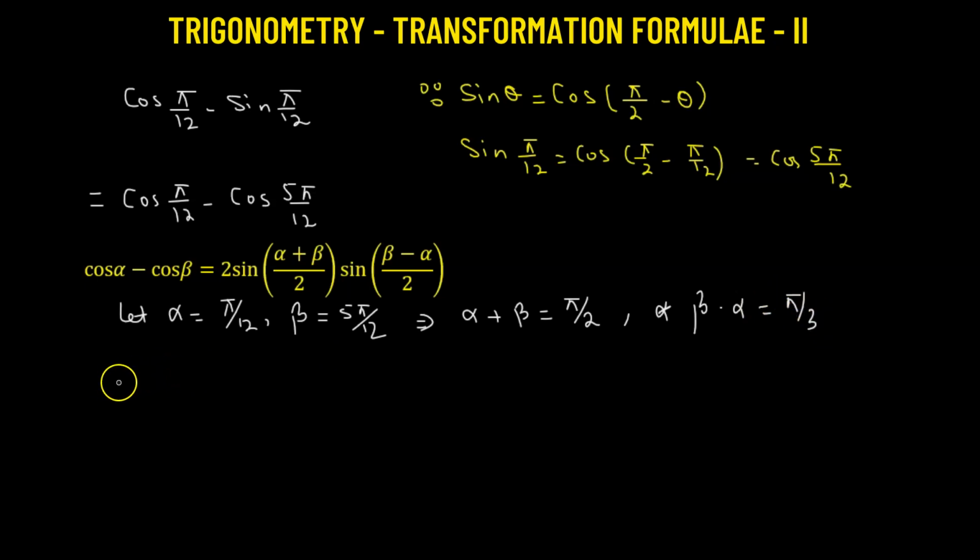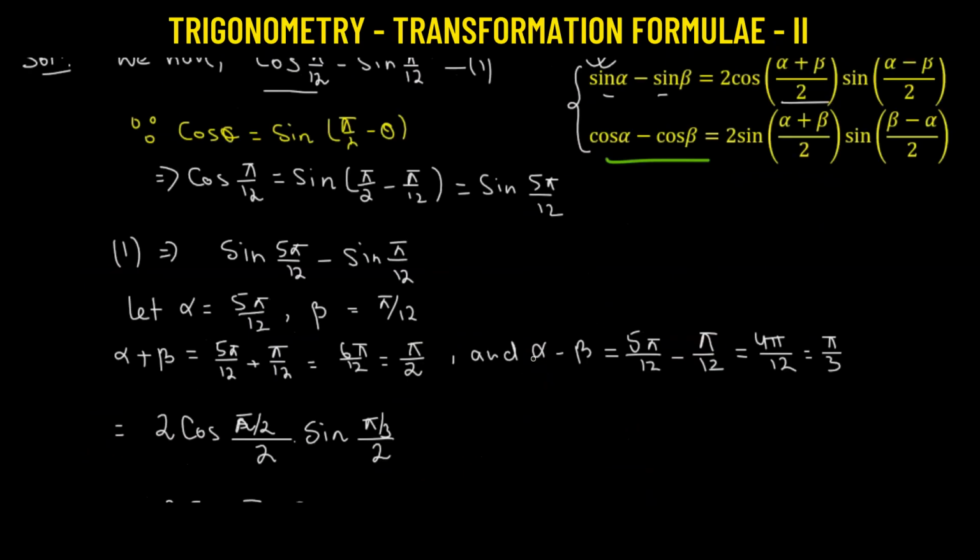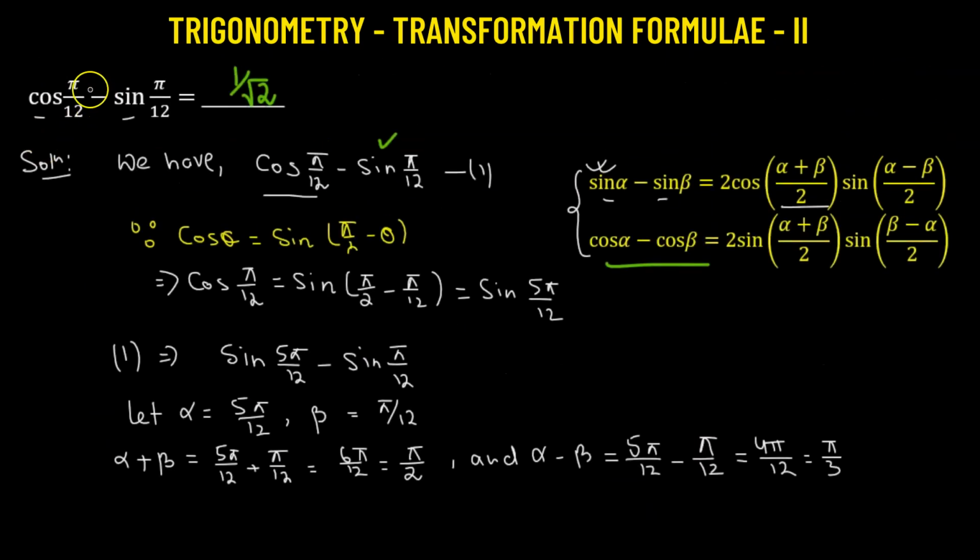We're going to get 2 times sine of alpha plus beta over 2, so pi over 2 divided by 2 is pi over 4 radians, multiplied by sine of pi over 3 over 2, so that's pi over 6. So this also comes out to be 1 over square root of 2. So either way, we get the same result. This is how we can obtain the value of cosine pi over 12 minus sine pi over 12 radians.